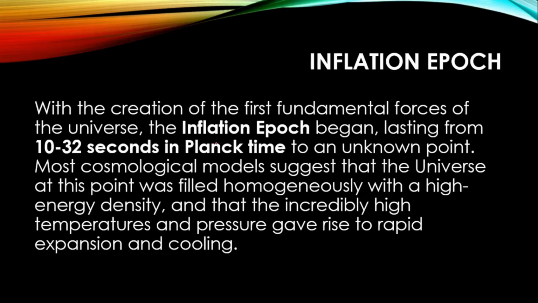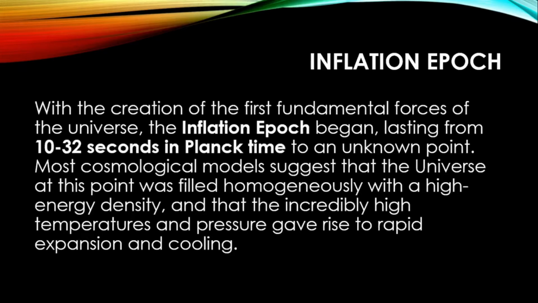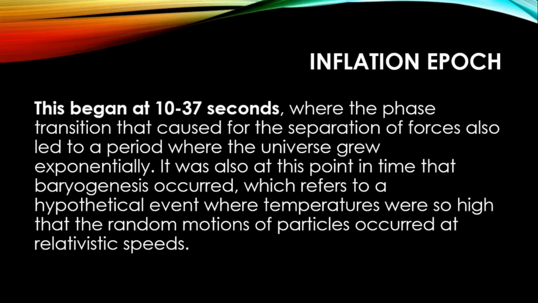Because the singularity was condensed and had too much heat, it began to expand, to inflate, from the Planck time to the inflation epoch, and then it begins to cool itself, and in the process it forms the universe. This began at 10 to the power of negative 37 seconds, where the phase transition that occurred called for the separation of forces and also led to a period where the universe grew exponentially.